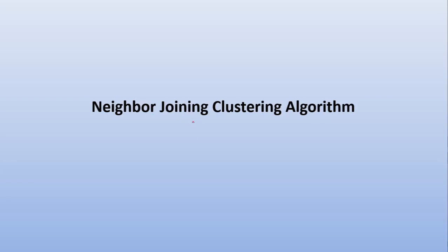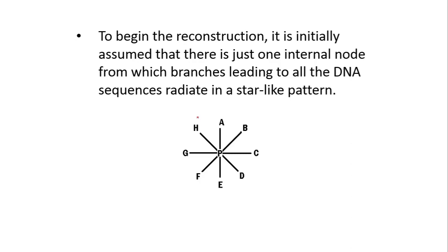Okay, so to begin tree reconstruction using this neighbor joining method, it is assumed that there is just one internal node from which all the branches are radiating in a star like pattern. Okay, so this is the starting point of your neighbor joining algorithm.